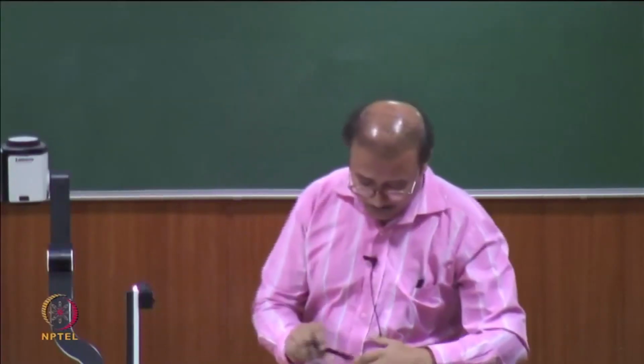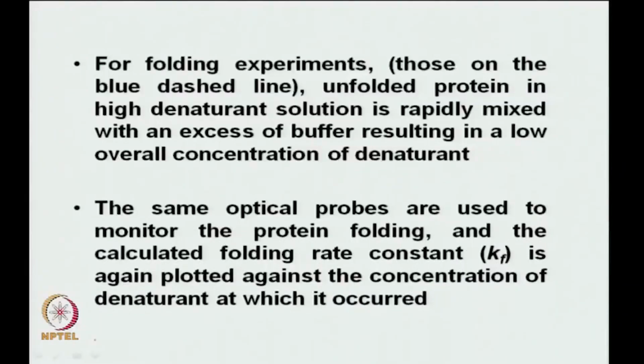Okay. So, then the same optical probes can be used, the same thing like CD, fluorescence, absorbance, whatever you use there, you can also use the same thing, and then draw the left half of the figure. And finally, you fit those, that means you join those, and what you get is your chevron plot.